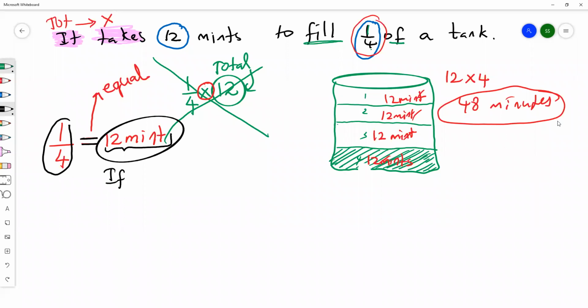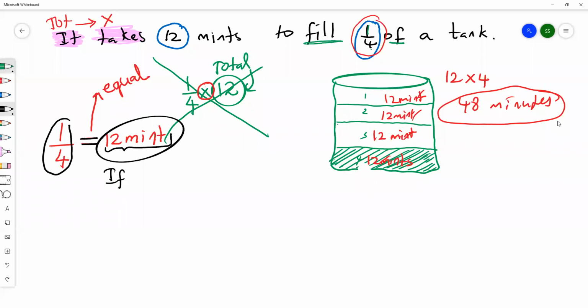To find the total, the fraction will change as upside down, reciprocal. What will happen to the fraction?